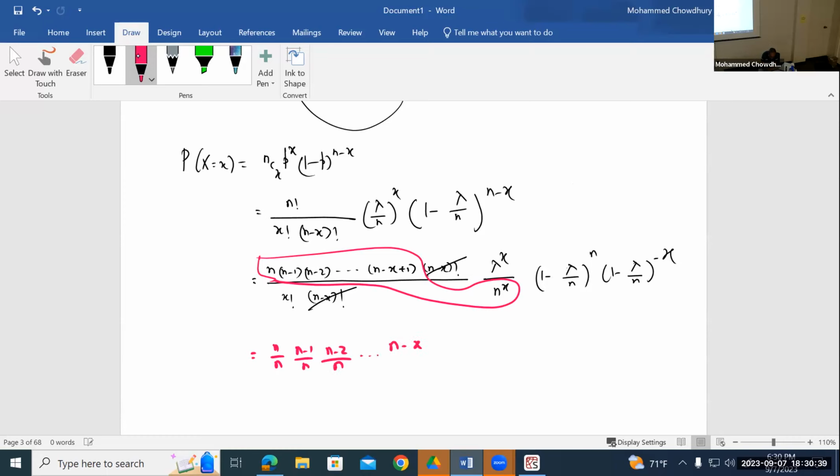Not clear? Okay. Take a look in there. If you do not understand, just give your attention in there. I want to put x equal to 5. If I put x equal to 5, what do I get? n minus 1, n minus 2, n minus 3, and n minus 4, right?